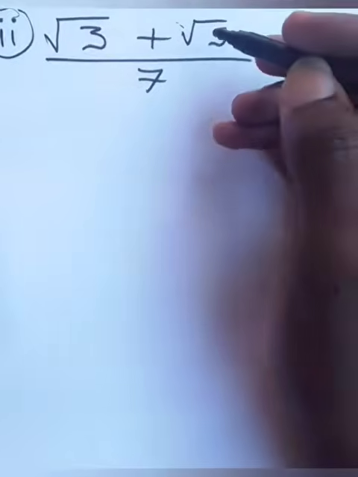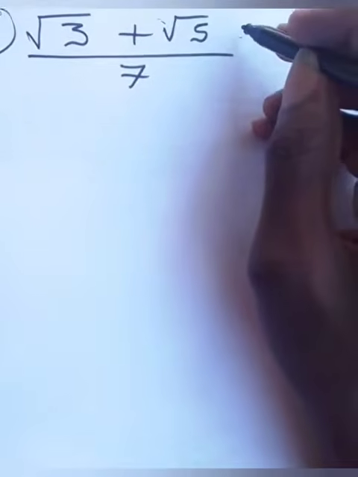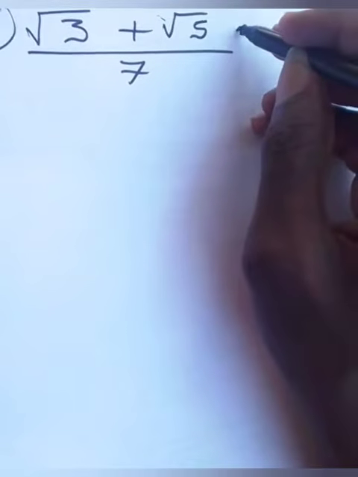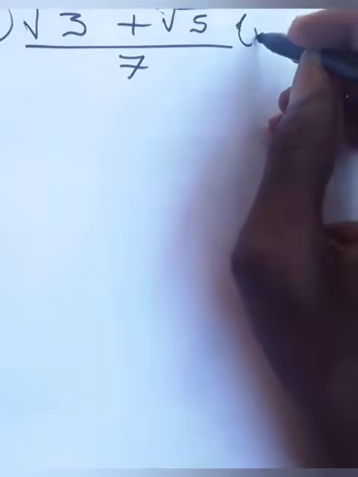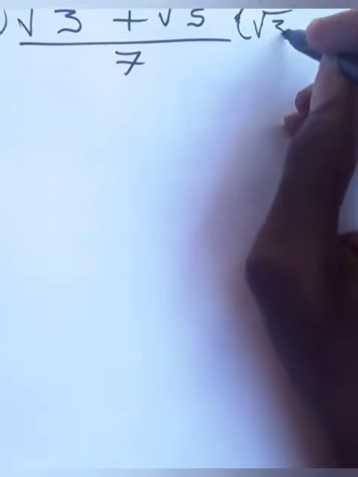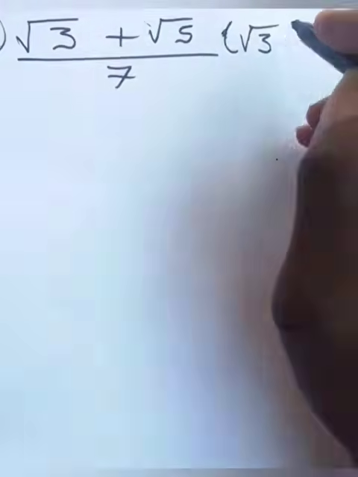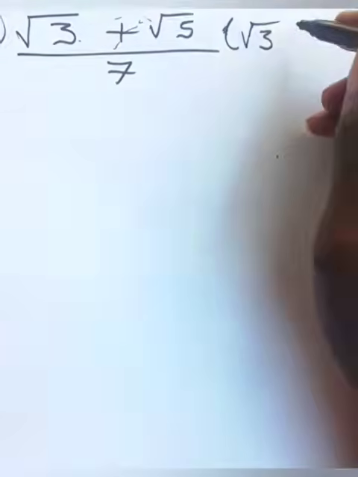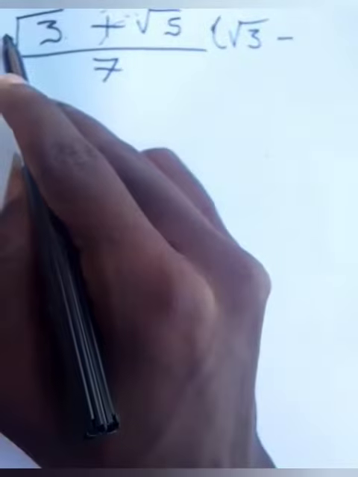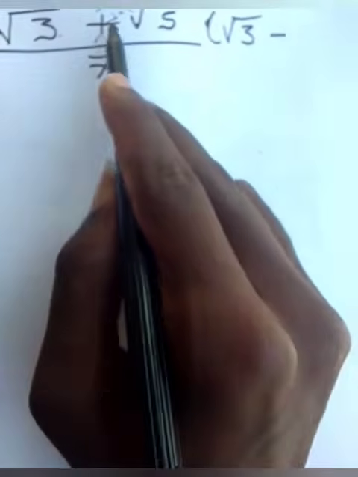Alright, so let's find the conjugate. It's going to be the square root of 3. In this case, just change the sign of what is between, or if you want you can change the sign of this one or this one, but let's just change this one.